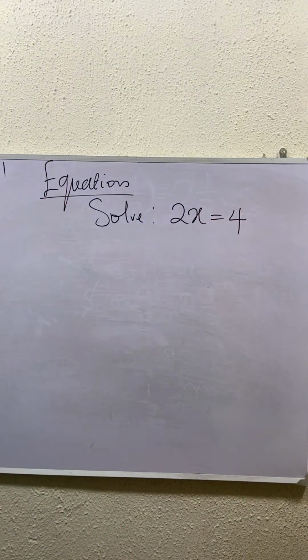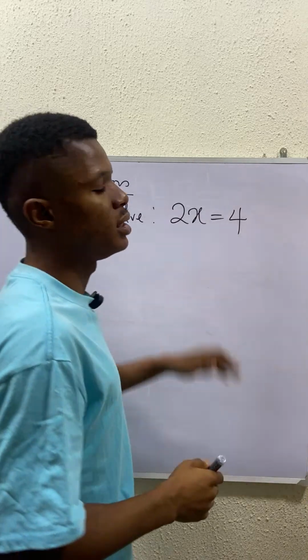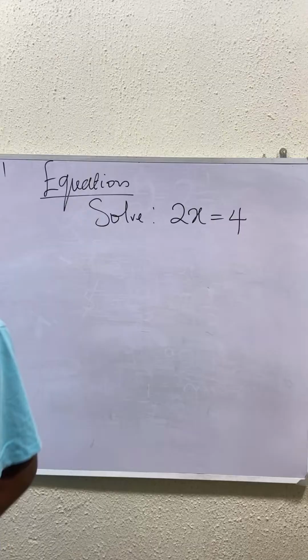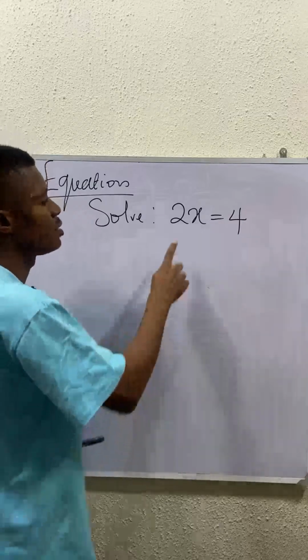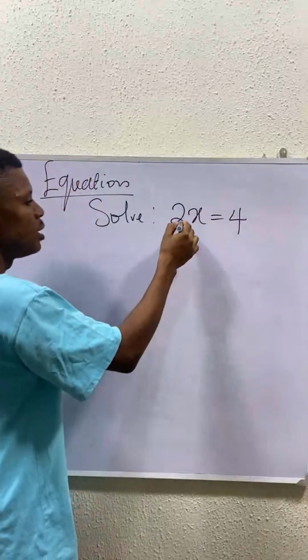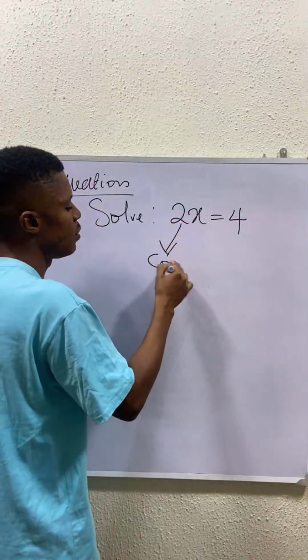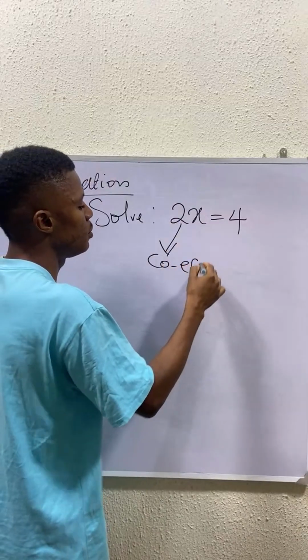Here we are trying to know the value at which x will be so that we are going to get 4. To solve this is very, very simple. What you have to do when you are given a question like this is first of all to divide through by 2, because this is called the coefficient of the variable.